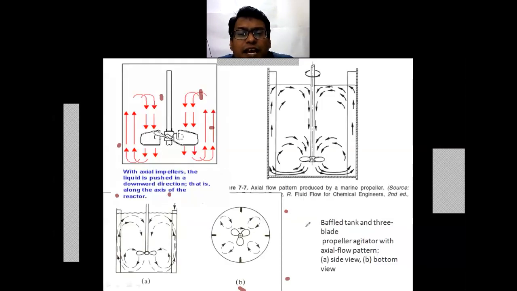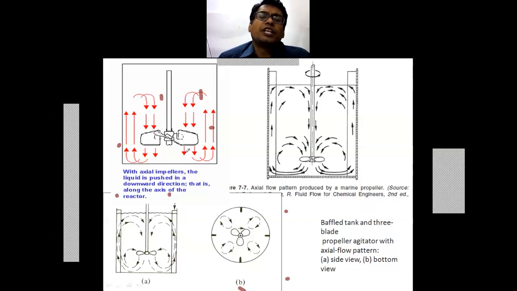Now next is the axial impeller. In an axial impeller, the circulation loops develop parallel to the shaft axis. If you look at these figures, this is parallel to the shaft axis.